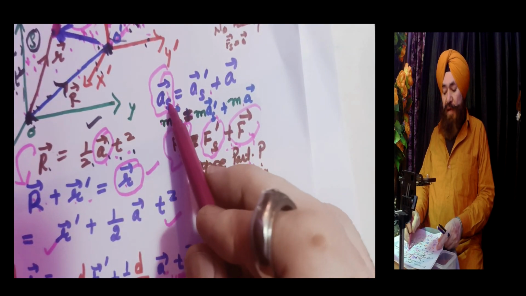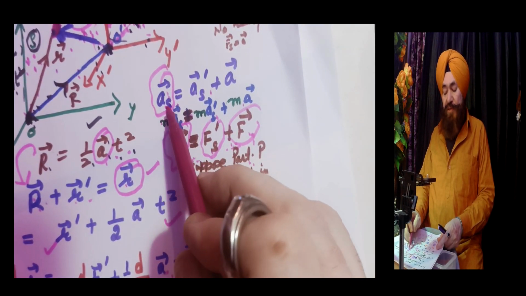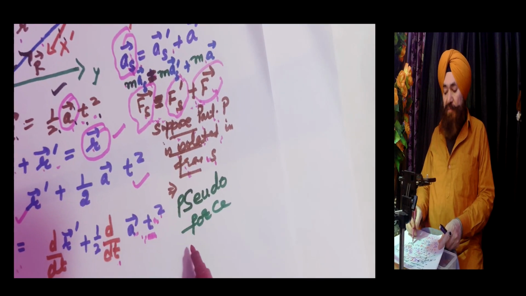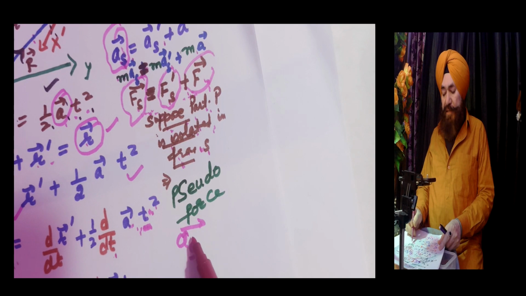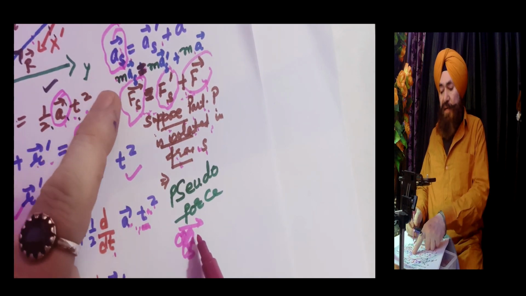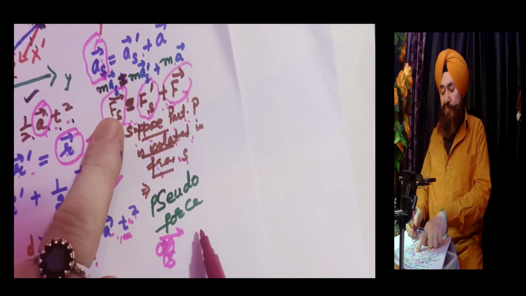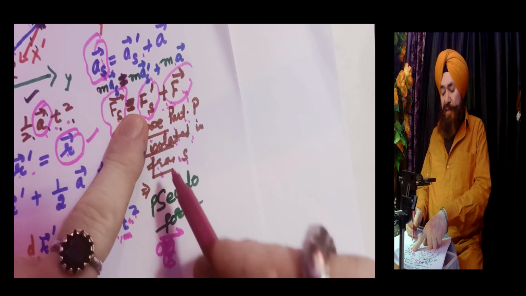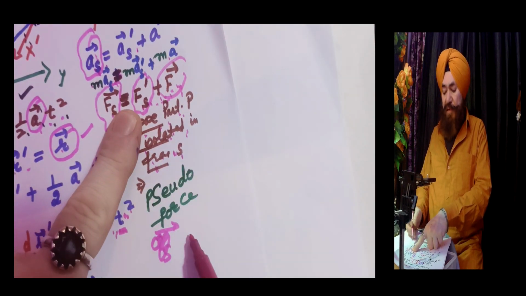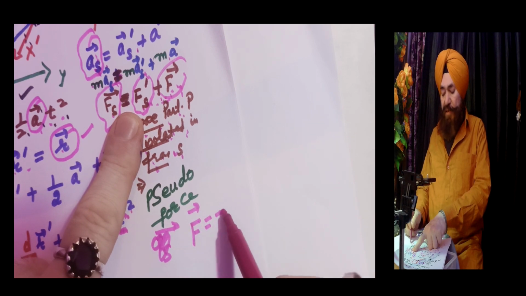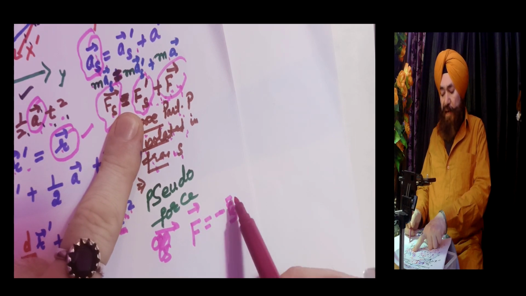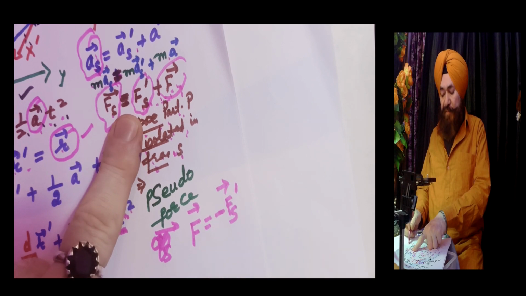There is no AS, so there is no FS. And that becomes this plus this equals 0. That means F vector is equal to minus Fs dash vector.